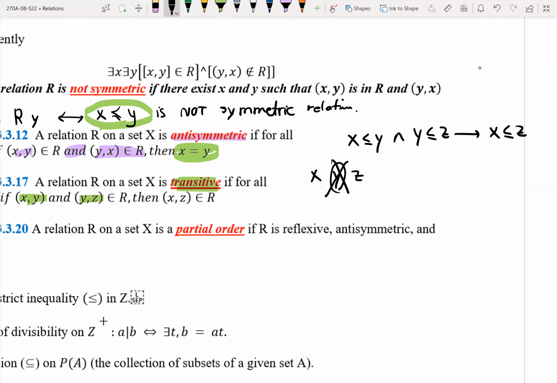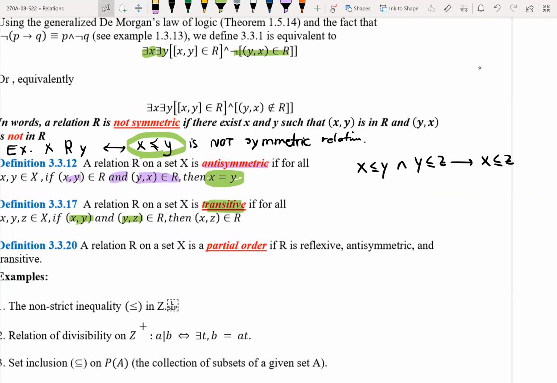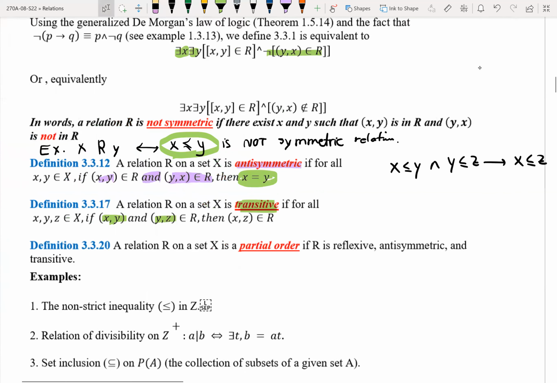So this is clear for our relation of less than or equal to, or actually the same for bigger than or equal to. We don't have any example bar here because we have to put them together. So for any relation, for now, what we call partial order. What is partial order?